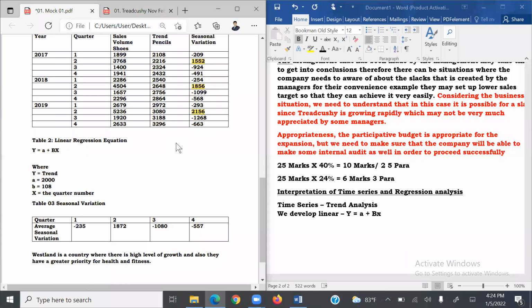Are you clear with that, students? Yes or no? But if you observe the last quarter, that is the problem. You see the last quarter, it's completely going away, right? Generally, this quarter is getting affected. Do you observe it? Yes or no? Compared with the trend analysis, this quarter gets affected.